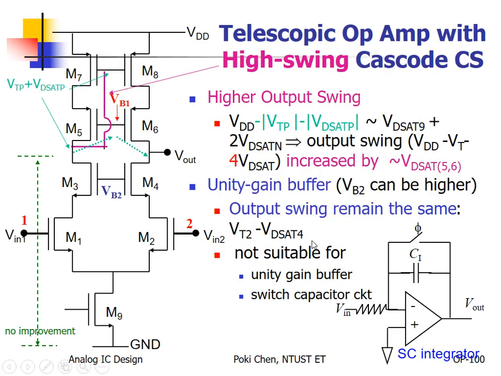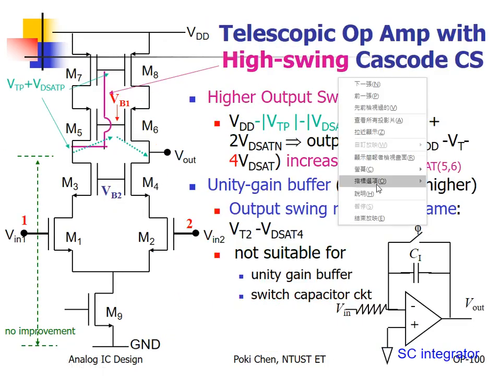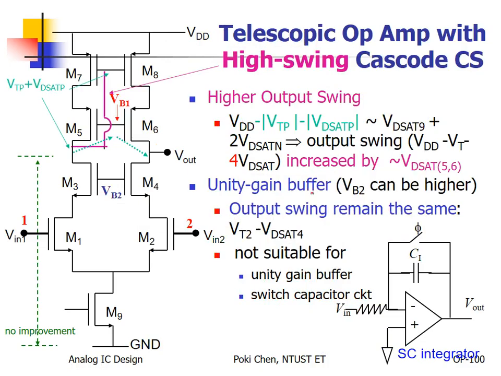With the same structure, with the same W over L, I promise you, high swing cascode always, not usually, always provides you a little less gain. The output gain will be reduced a little bit. Why?